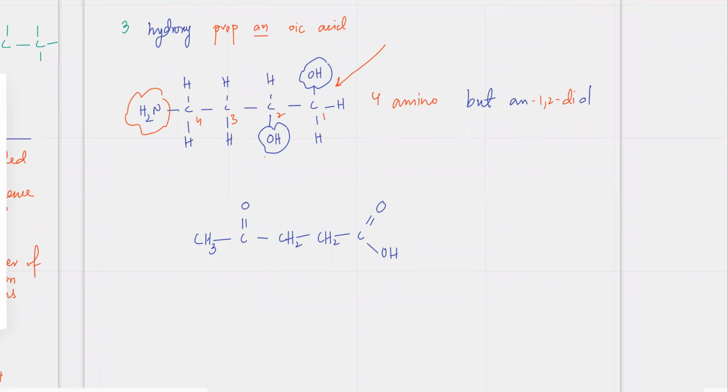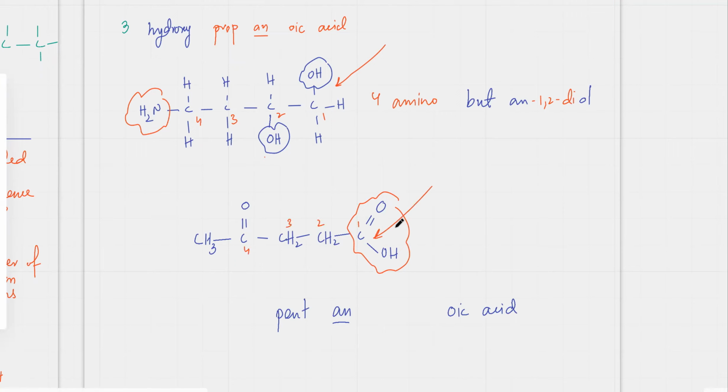Now this one is 5-carbon atom, so it's going to be pent, and it's going to be -an, indicating that it's saturated. It's going to be -oic acid. Why? Because the carboxylic acid functional group is more important. So you're going to call the molecule a pentanoic acid molecule. All the numbering would be done from this side. This one would be given the smaller number, so it's going to be 1, 2, 3, and 4.